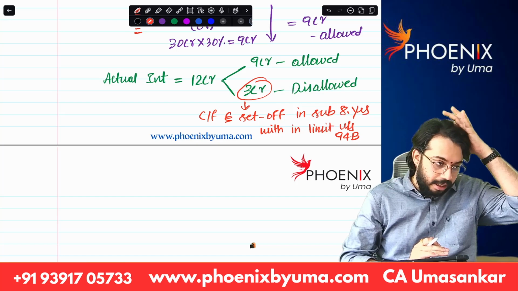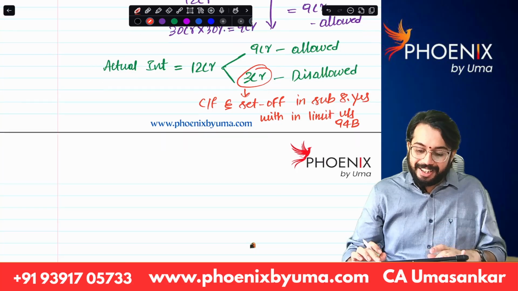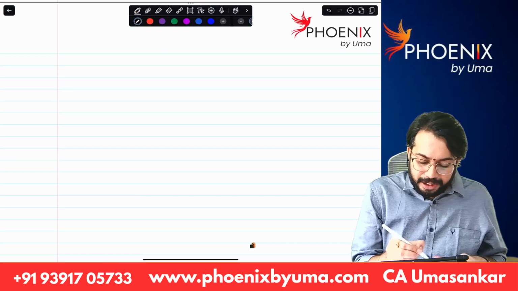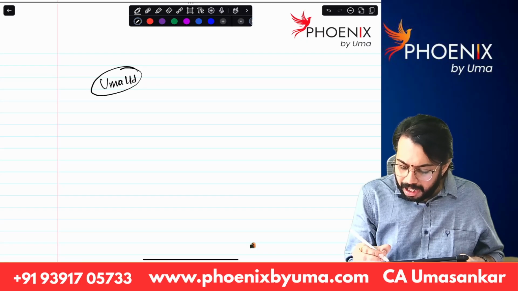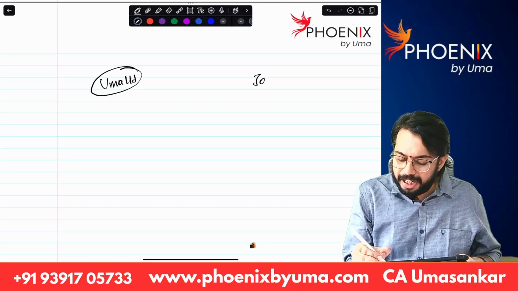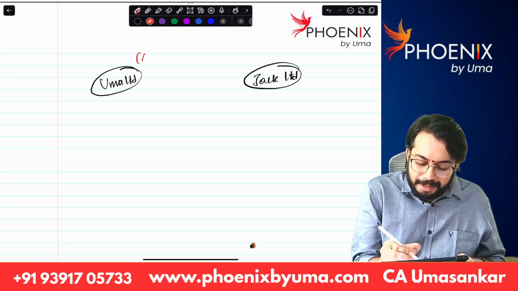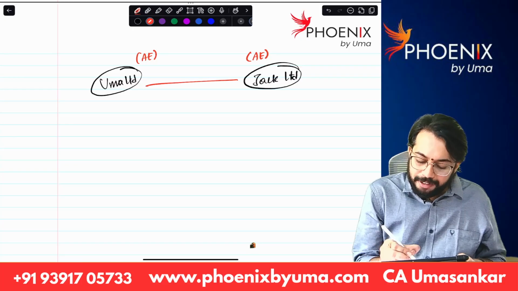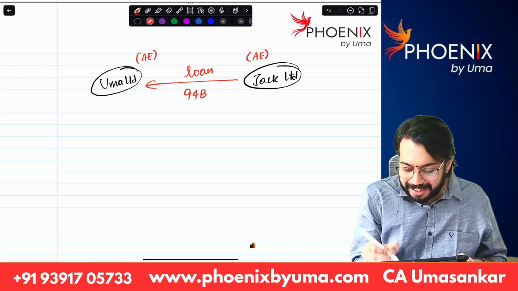Okay, next I will explain one interesting case. Okay, just listen. There is Uma Limited and there is Jack Limited. Uma Limited, Jack Limited are associated enterprises. Now, if Jack Limited directly gives loan, 94B applies, correct?